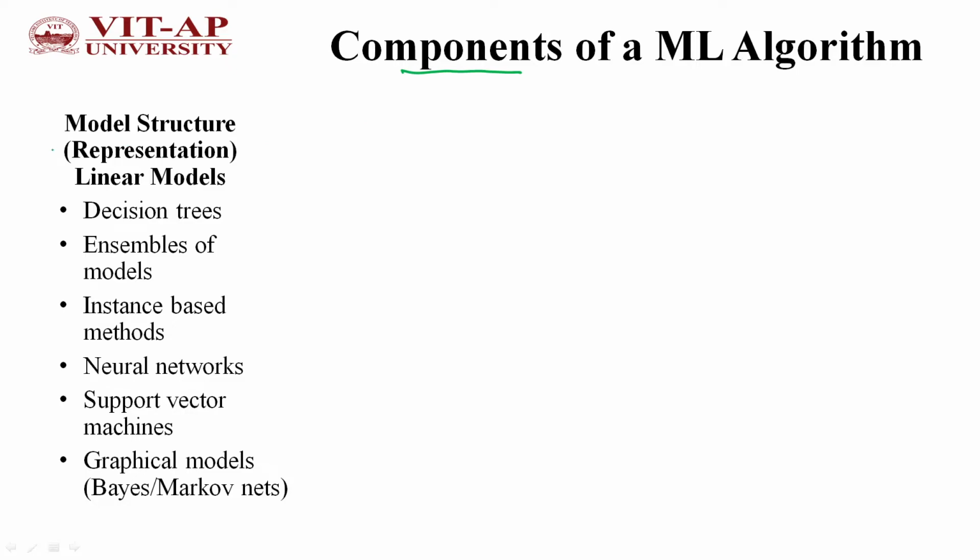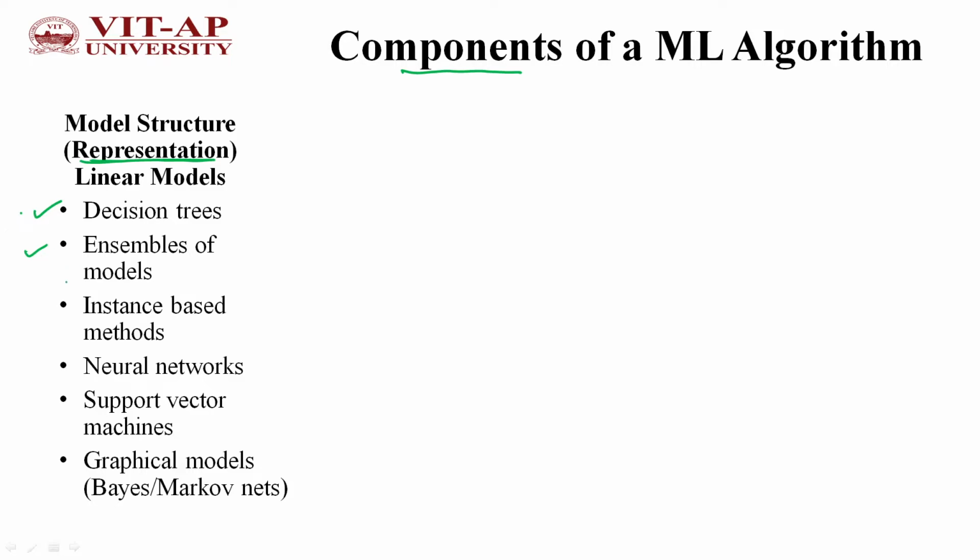Whenever we are using the ML algorithm, that model structure will be represented in the form of any one of the machine learning algorithms. The model structure can be represented in the form of decision tree, or we can use ensembles of models.